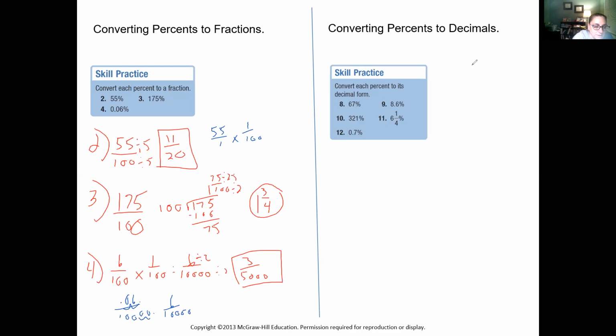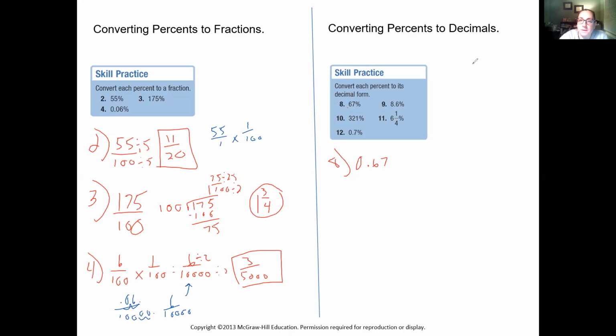6 over 10,000, which is what we got here. All right, then on this side, convert to a decimal for 8. We would just go to the left, which would be 0.67.